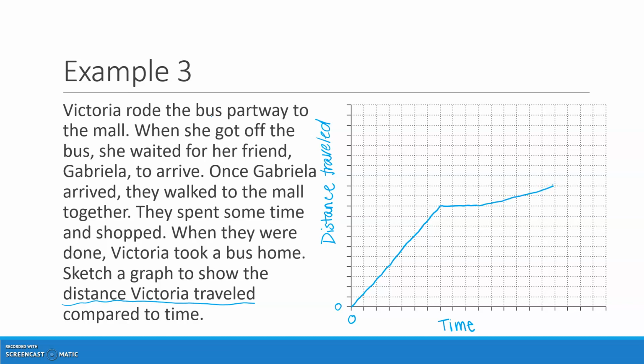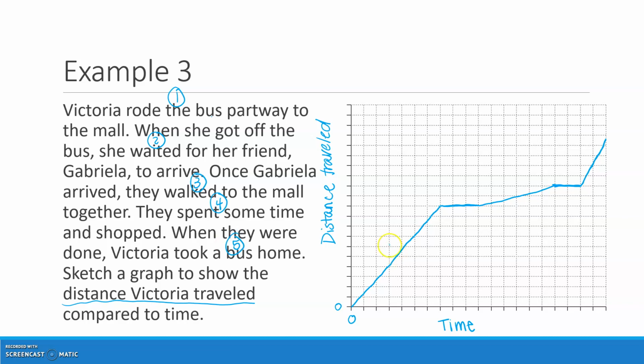Okay. They spent some time and shopped, so they shopped for a little bit, so that's not going anywhere, that's just hanging out at the mall. And then Victoria took a bus home, so that's going back to that faster rate. Now, you could make this part shorter or this part longer, but the idea is that I should see rode the bus, that she waited, they walked, and then spent some time, and then took a bus home.